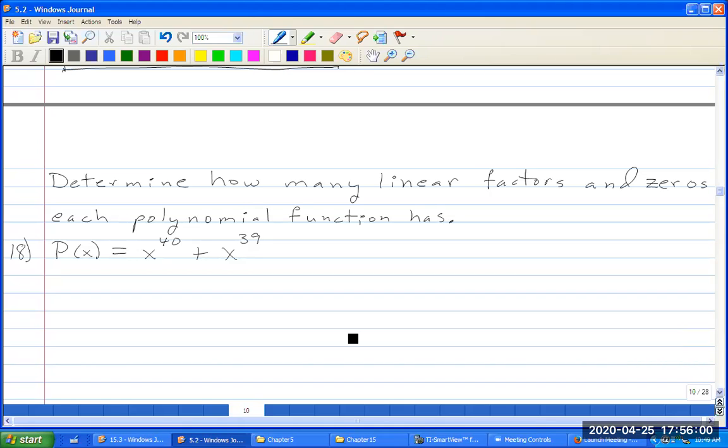Problem number 18. Determine how many linear factors the polynomial has. And so the number of zeros. Recall that zeros are the same as number of roots. The number of zeros, which is the same as the number of roots.